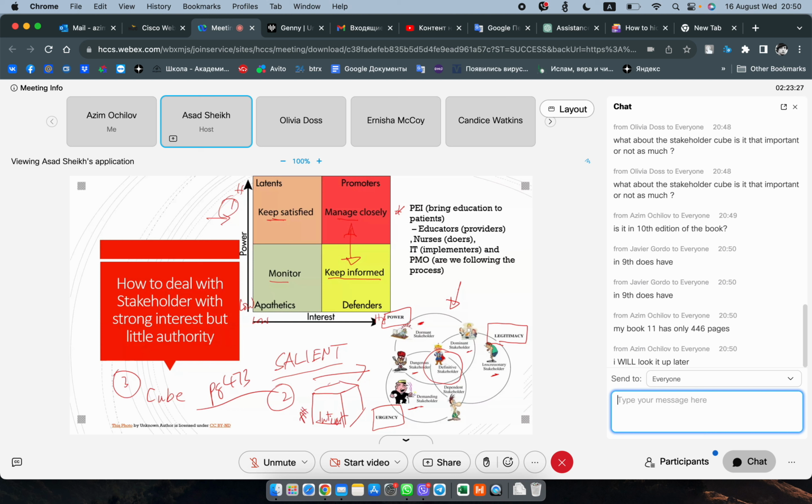These two are not very popular. This one, the cube, and the salient not very popular. The grid, power interest, is very popular and is very useful. That's what they talk about. But since it's in the book, it's good to know. So interest on one side, attitude on the other axis, and then on this dimension you have power.